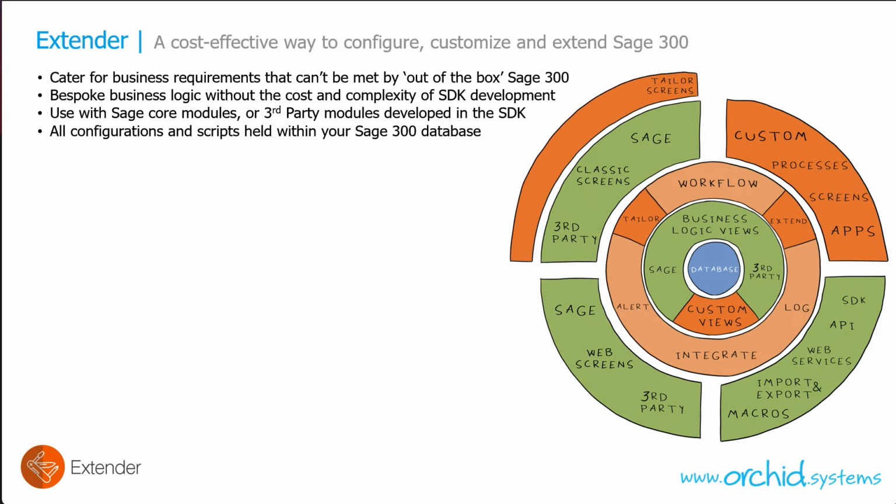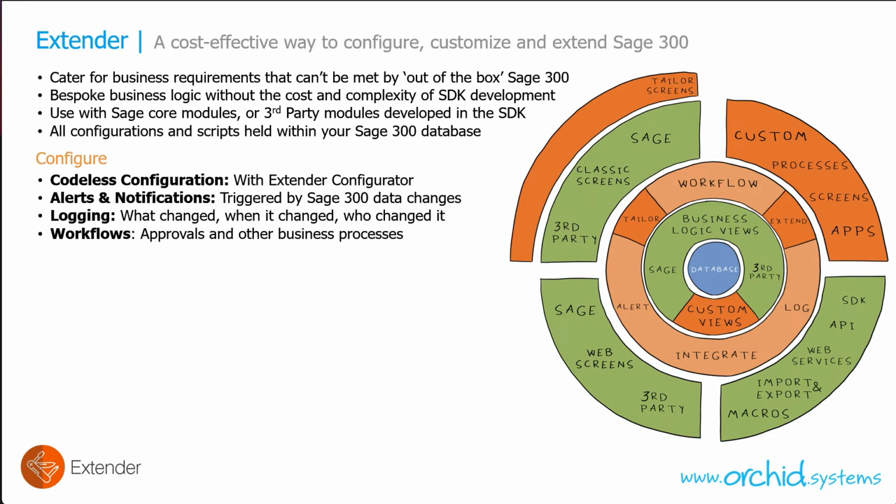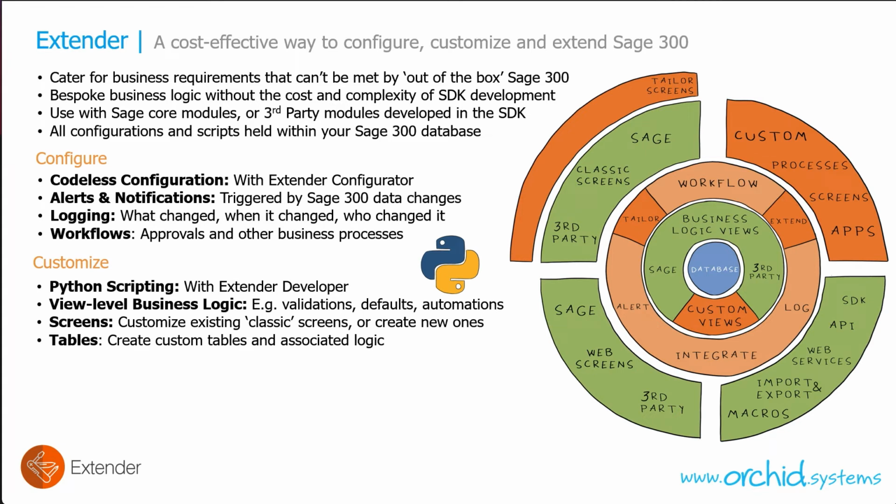While it is beyond the realm of this presentation to go through all the functionality of Extender, in the context of import, we generally have to write scripts to tailor the import to the requirement, and so that requires Extender developer and custom scripts.